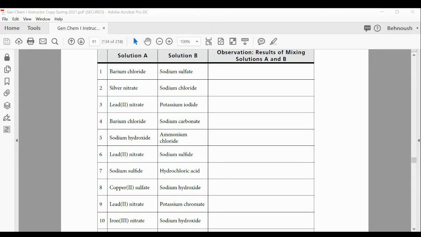I would include the solubility table and say, using the solubility table, predict if there is a reaction or no reaction. And then write the molecular equation, complete ionic, and net ionic from this experiment. It's a written exam, it's not multiple choice. So you could get that question.